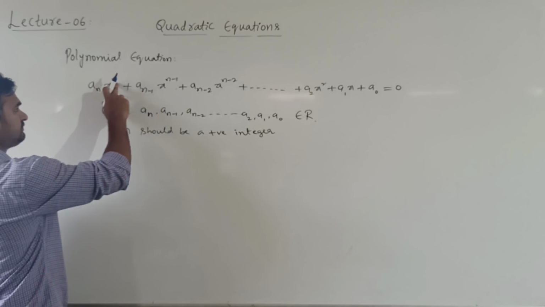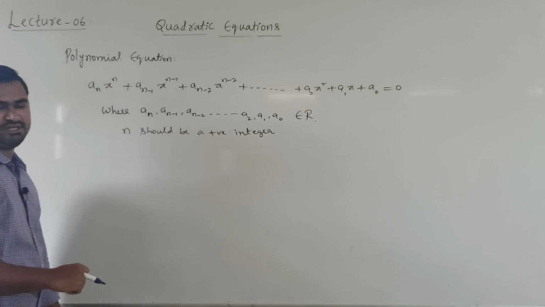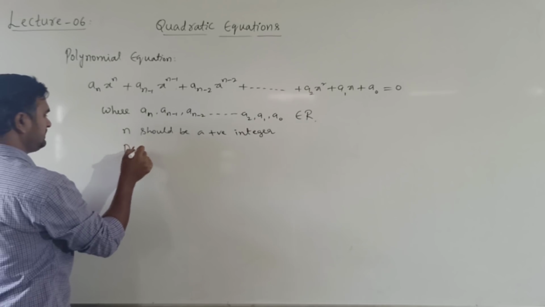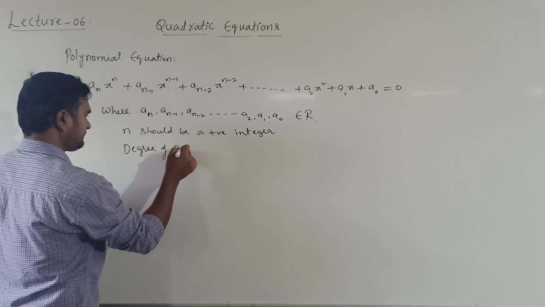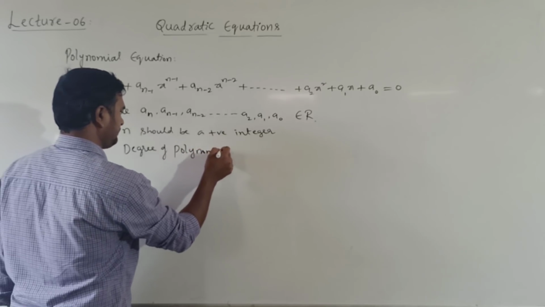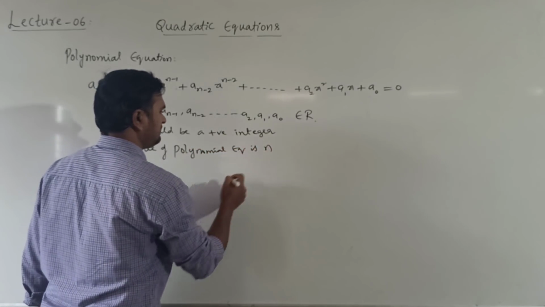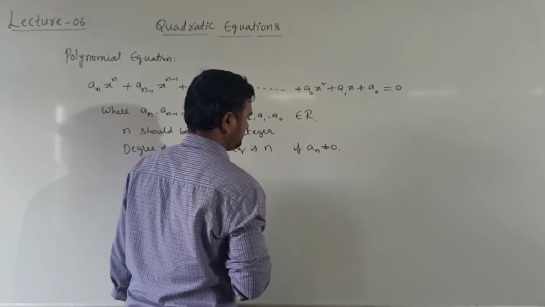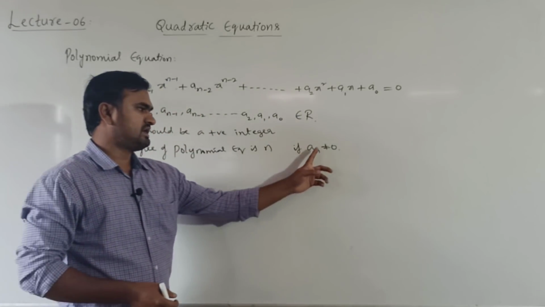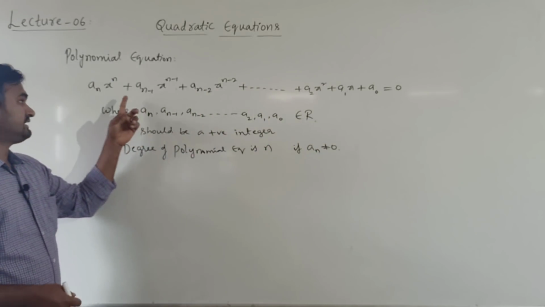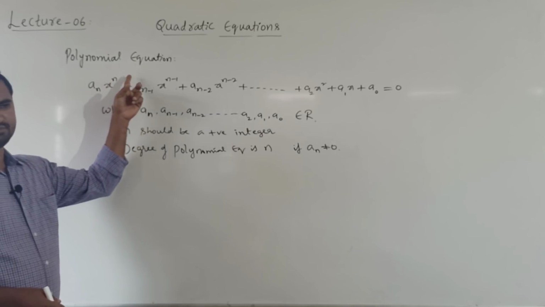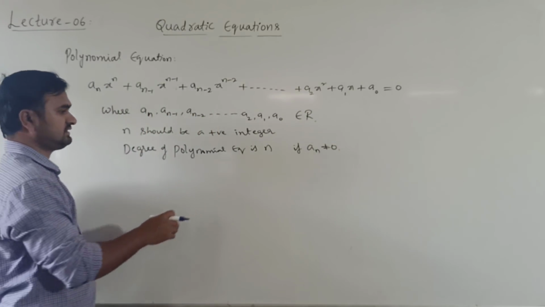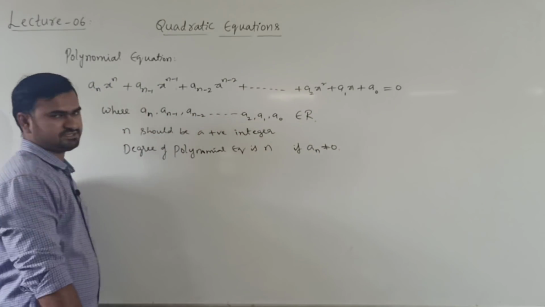Out of all these, n is the highest power, so the degree of the polynomial equation is n if a_n is not equal to 0. There is a condition here: a_n is not equal to 0. Then only can we consider n the highest power, and then only will it be the degree of the polynomial equation. Understand? So this is about polynomial equations.